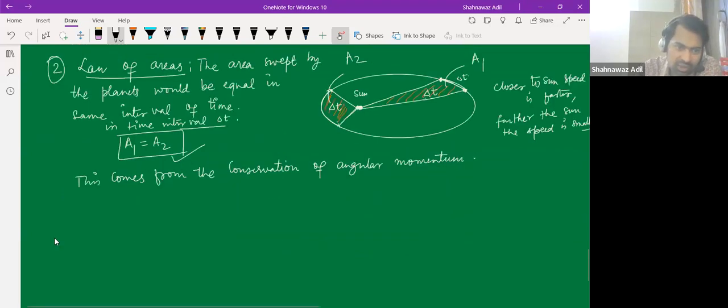And the third one, which is the important one, is the law of periods.